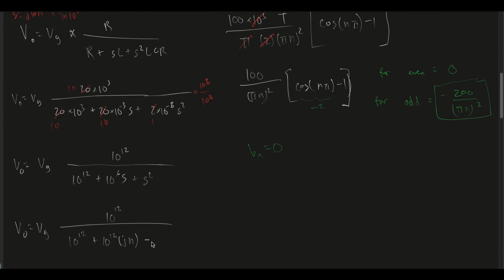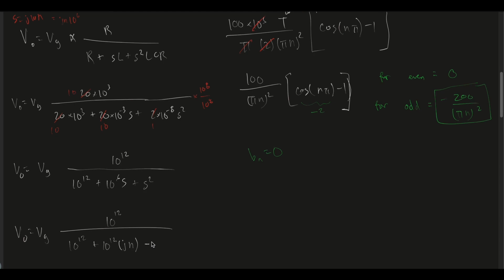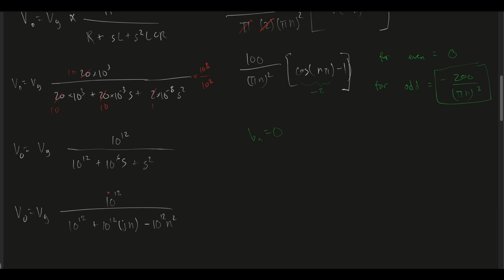So we have minus our 10 to the 6th squared, which is just 10 to the 12th, and then an n squared. And so we can see here that our 10 to the 12ths are just going to cancel out because it's in all of them. So V naught is equal to Vg, multiplied by 1 over 1 plus j times n minus n squared. So this is going to be our equation.